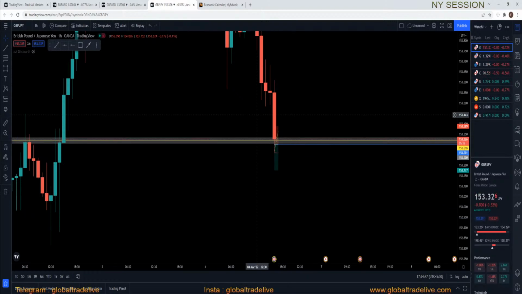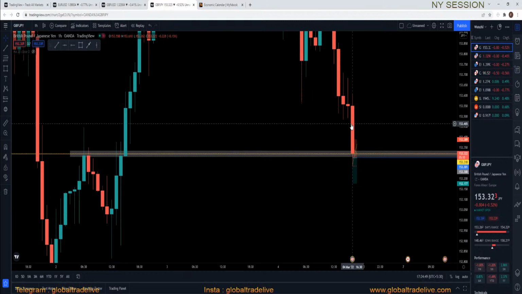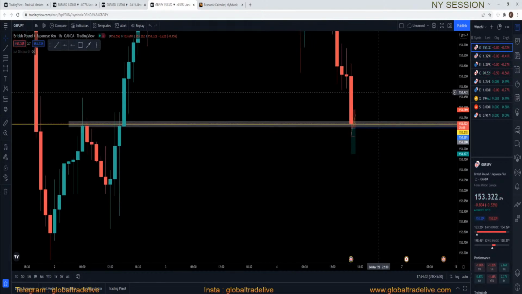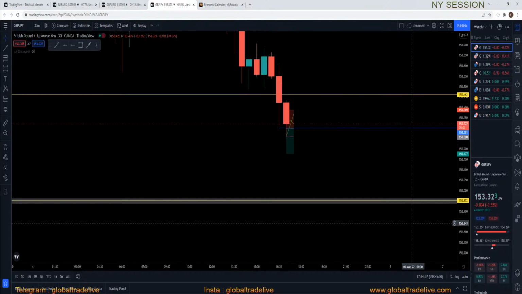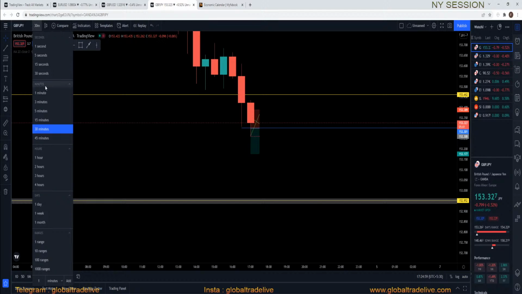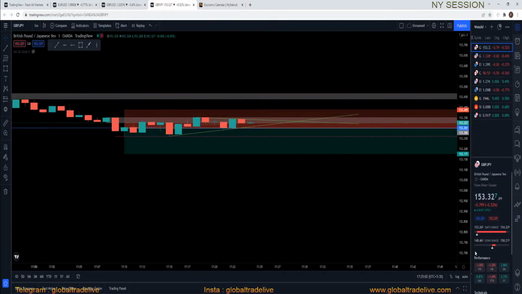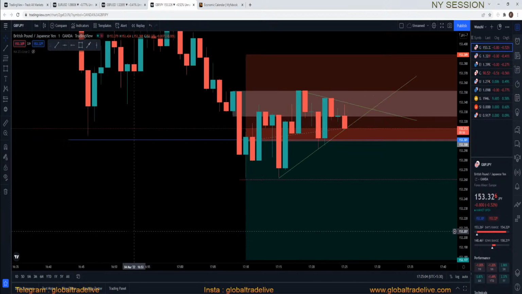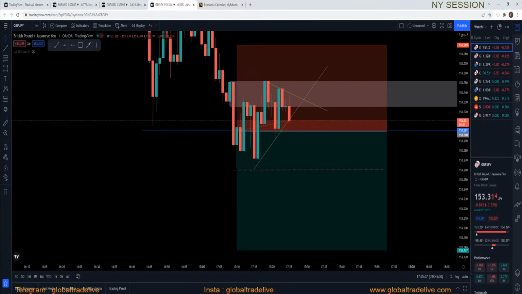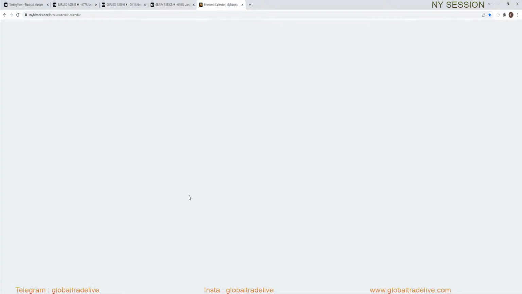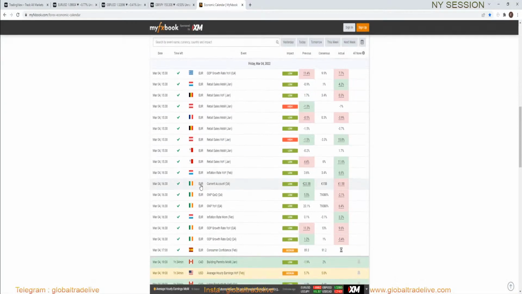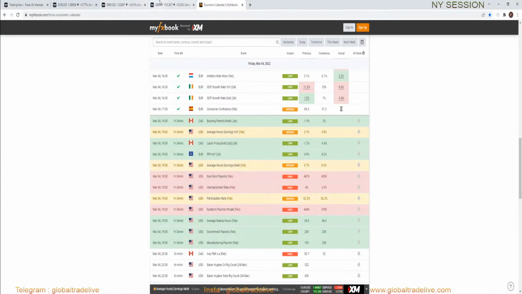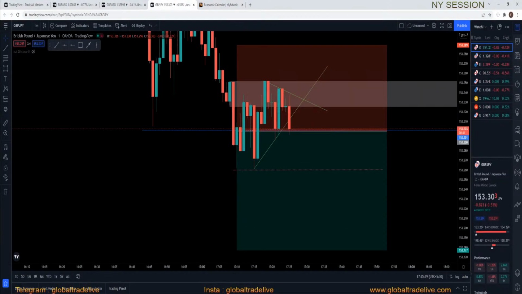But if this candle closes above this area, then we might have some retracements coming up. News is about to come in 1 hour, so we have some time for our trade.